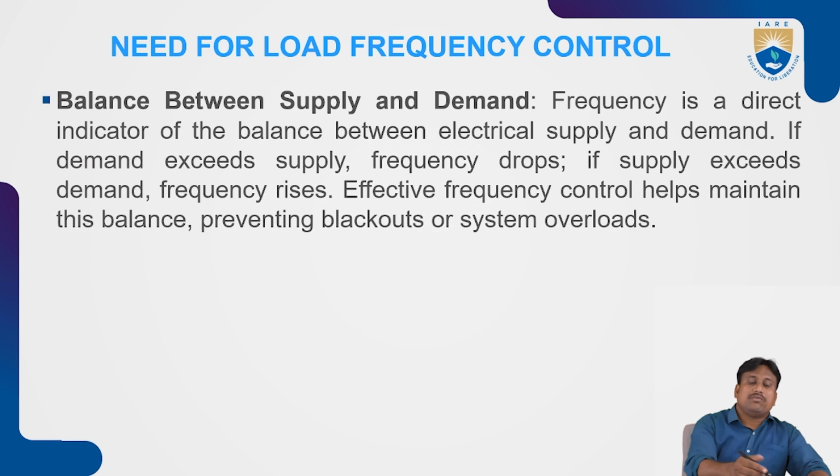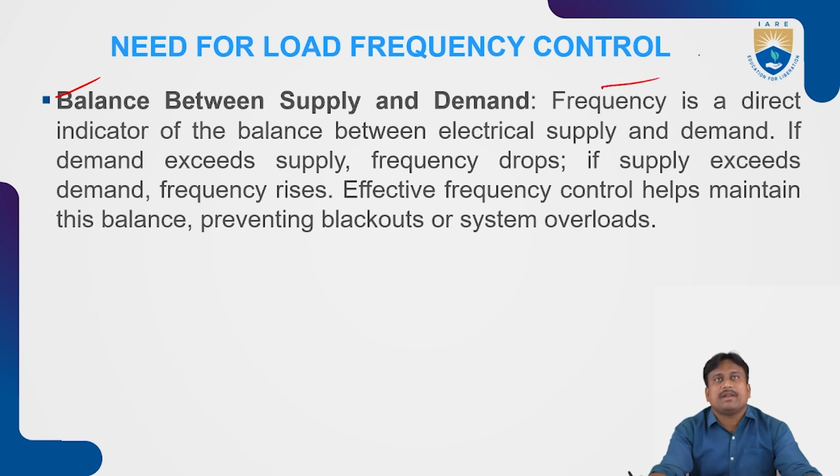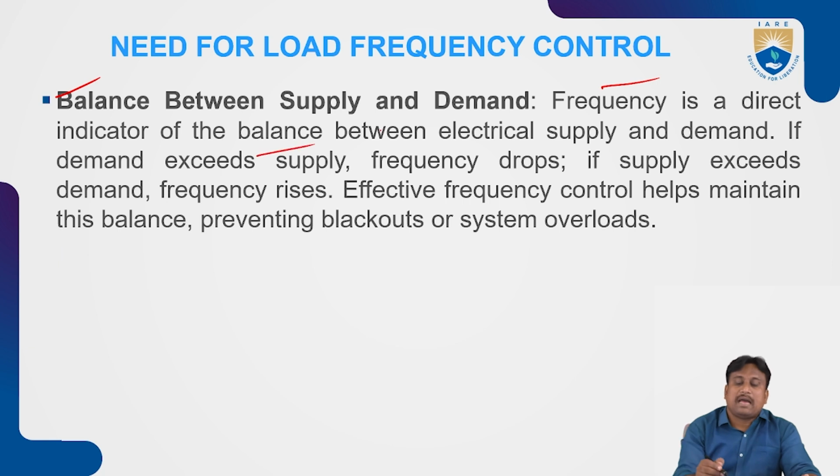Here we should achieve a balance between supply and demand. Frequency is a direct parameter indicating the balance between electric supply and demand: if demand exceeds the supply, the frequency drops. If supply exceeds the demand, the frequency increases.